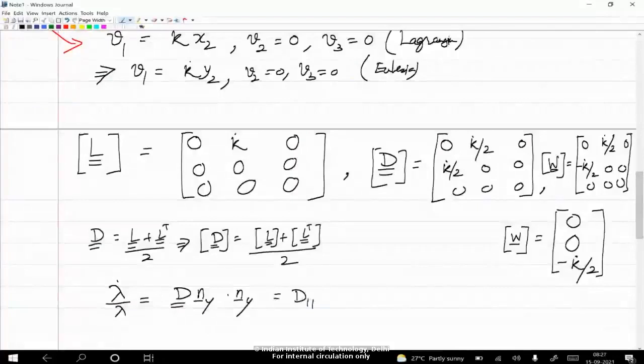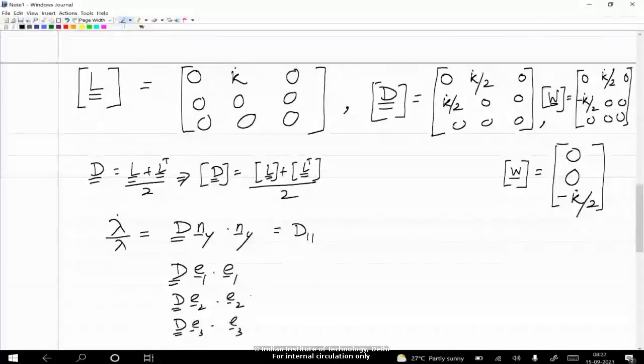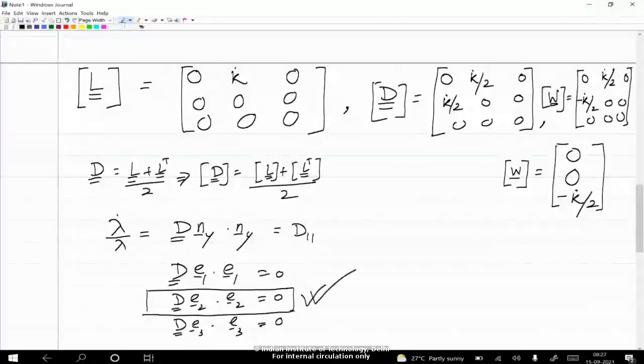And you can see that all the diagonal components are 0. So that means D E1 dot E1, D E2 dot E2, and D E3 dot E3, they are all 0. And first and last, we could find out easily, it's the second one where we did some physics, right? And you do see that it is equal to 0, right? So it's matching with our physics.